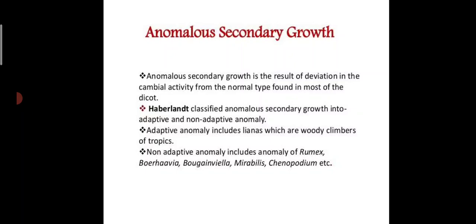These are different types of anomalies that may be noticed, and different plants show anomalous secondary thickening, but we have to study only the anomalous secondary growth in Boerhaavia diffusa.